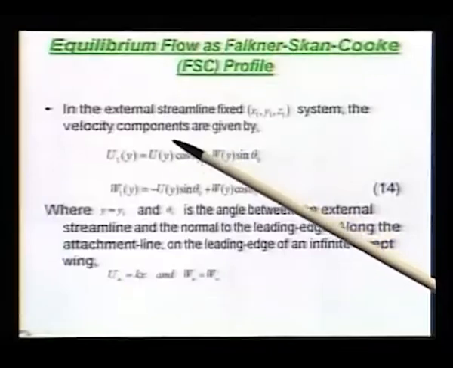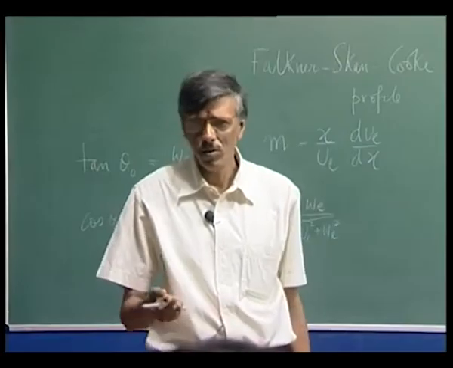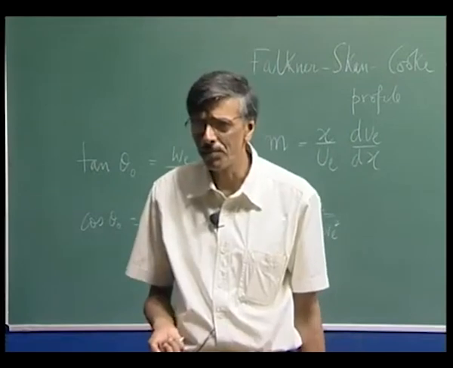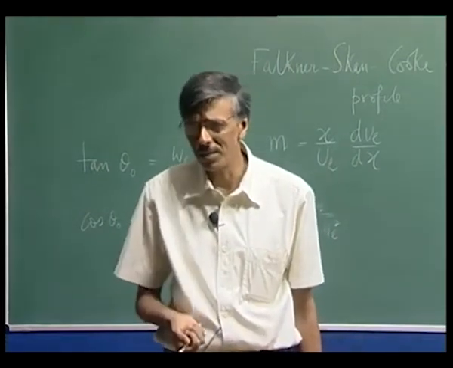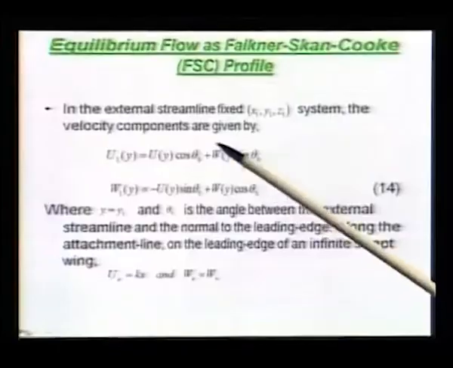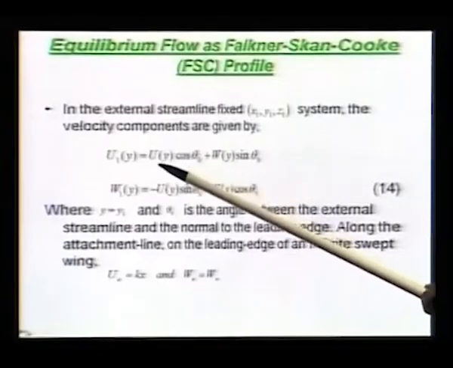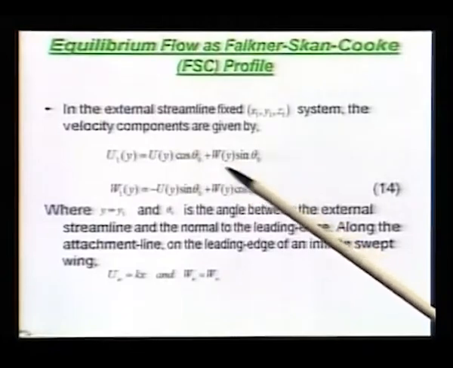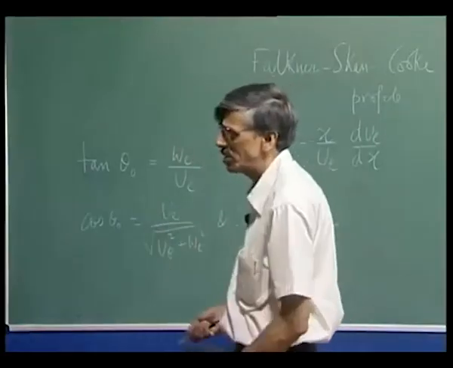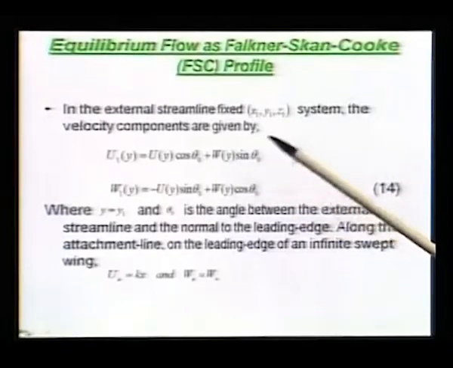But what about u? That also we can define in terms of f, right? We have the definition of psi, so we can differentiate it with respect to y to get u. So this will be substituted in terms of f prime cos theta naught. We will use this expression for sin theta naught, and this also we can define in terms of g.